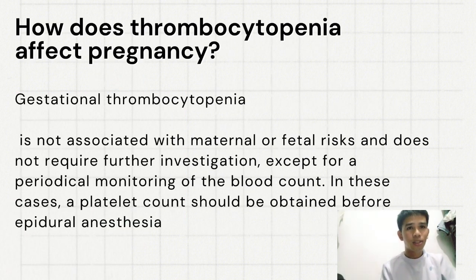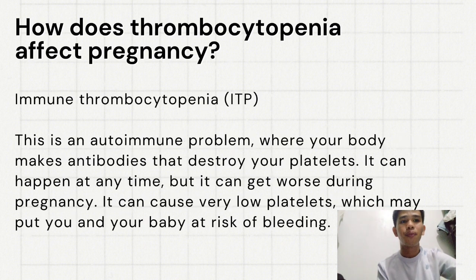So, how does thrombocytopenia affect pregnancy? So, there are two types. First is the gestational thrombocytopenia. It is not associated with maternal or fetal risk and does not require further investigation except for periodical monitoring of the blood count. In these cases, a platelet count should not be obtained before epidural anesthesia.